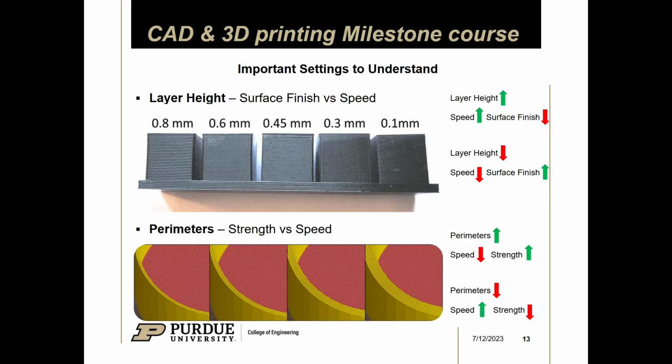Your part might break along that layer, and if you have more of them, you're creating more points of failure. So if you're creating something that's focused around strength, you might want to make the layer height a little bit taller instead of finer.